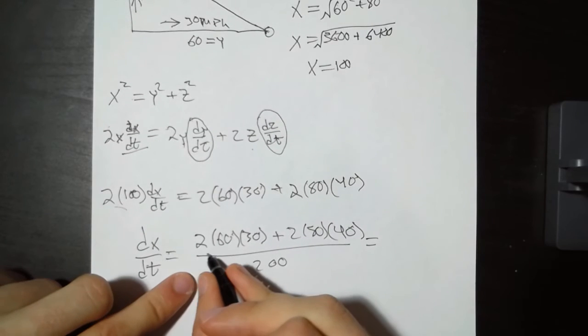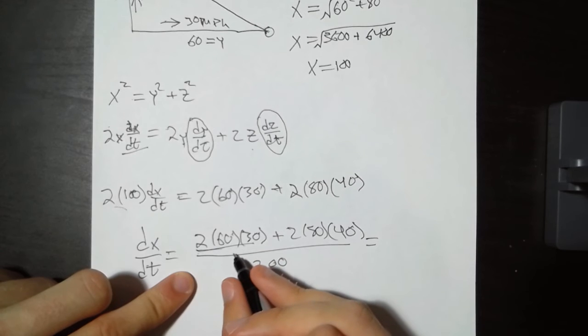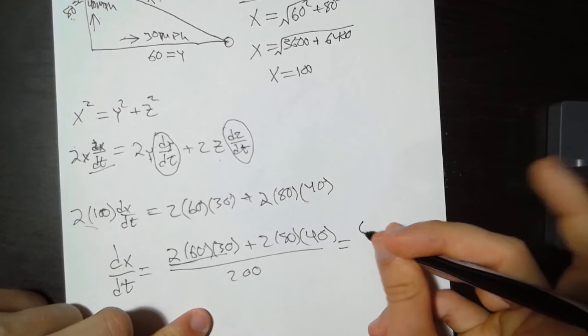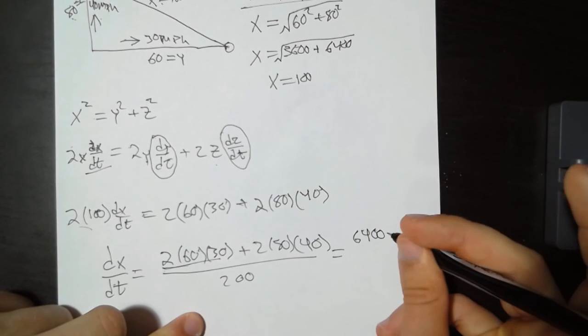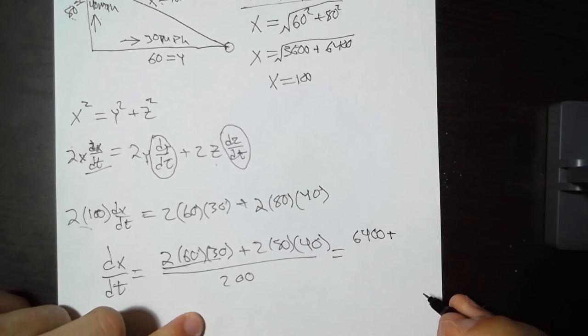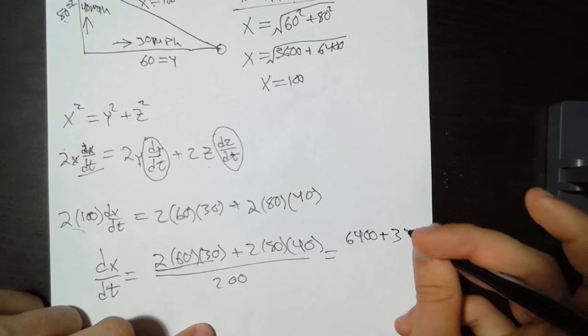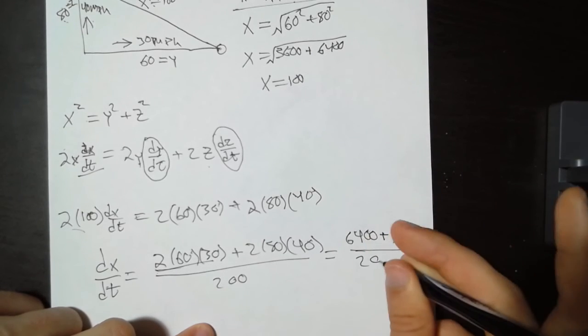So then this is going to be 120 times 30, and that's going to be 3,600. And then 6,400. And this is all over 200.